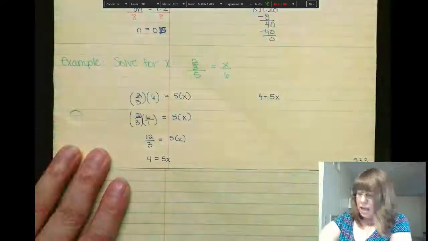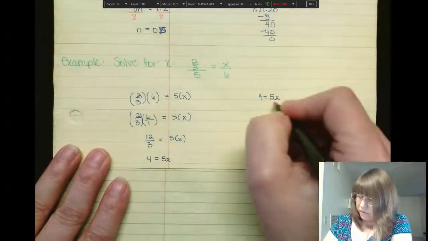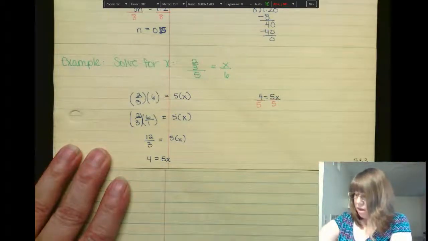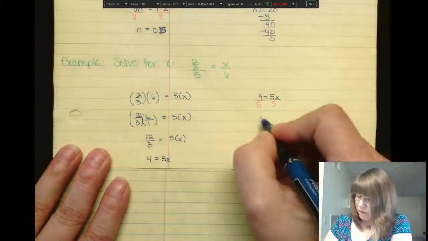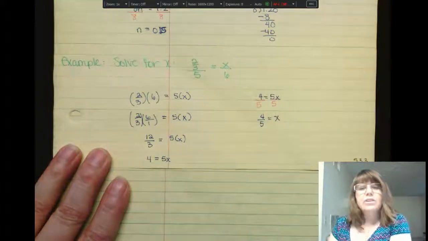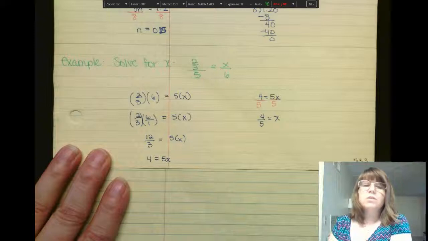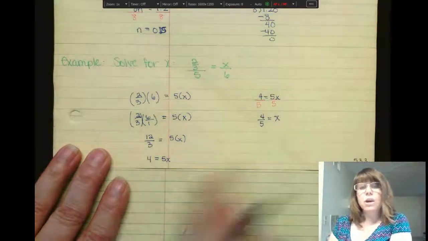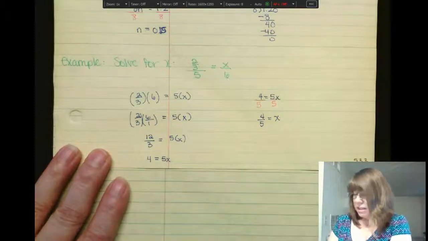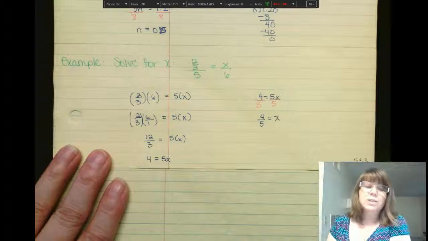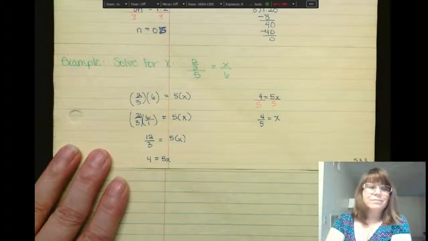But again, I don't want to know what 5x's are. I want to know what 1x is. So therefore, 4 over 5 equals x. And you could plug that back in, do your, we also call this cross multiplication, do your cross multiplication, and then find out that yes, indeed, the two ratios equal each other.